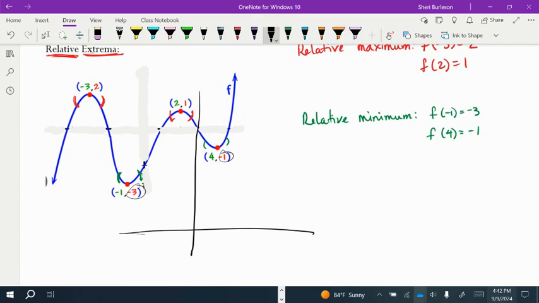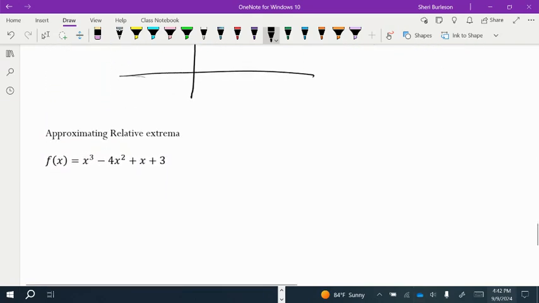So don't make rules like, oh, negative numbers are relative minimums and positive numbers are relative maximums. Not true, okay?